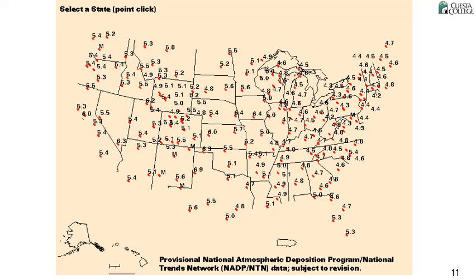Here's a map of the United States, and on this map are pHs of precipitation, snow or rain. You can see over on the west coast, most of the pH values are somewhere around 5.5. Again, that's fairly normal rain because of the lowering of the pH of pure water from carbon dioxide.